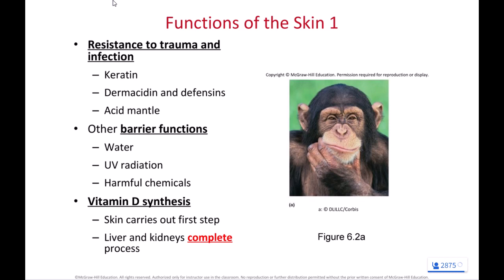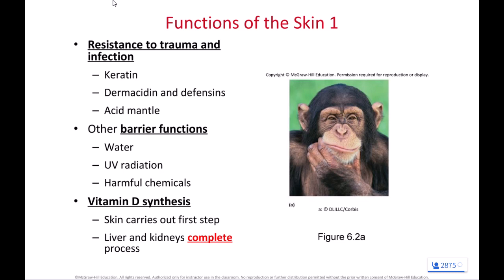Another antimicrobial feature of our skin that's built in is the acid mantle. Your sweat has a lot of uric acid in it. And that uric acid that's present in your sweat acidifies your skin and makes it inhospitable for many microorganisms. It's too acidic of an environment for many things to grow.